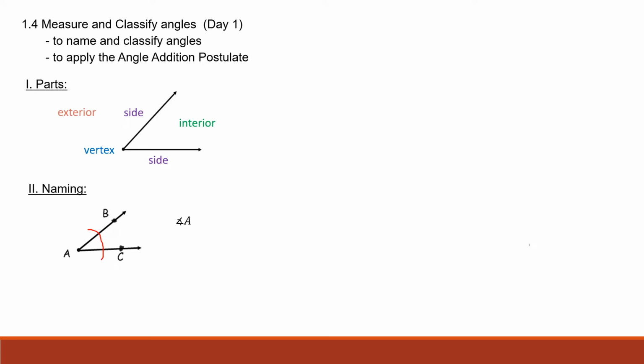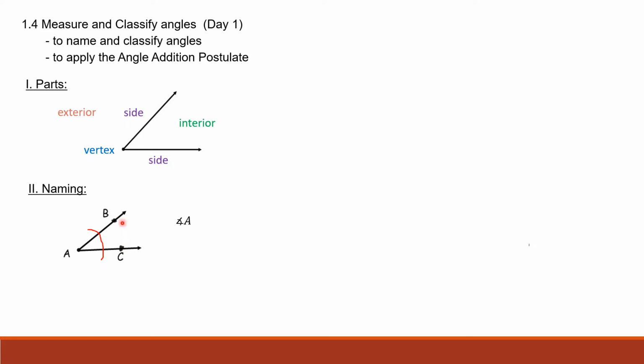Now, if you choose not to put that little red arc into the symbol, that's fine as well. So here it is. Here is the angle symbol. The vertex of this angle is A, so the easiest way to name this angle is call it angle A. Now, you don't have to put the arc in there if you don't want. You can just make it look like an angle.